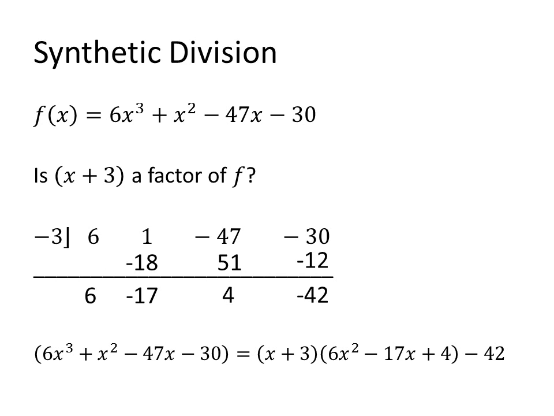We can obtain this polynomial by looking at the numbers that we get in the bottom row of our synthetic division. The last number is always the remainder, which in this case is negative 42.